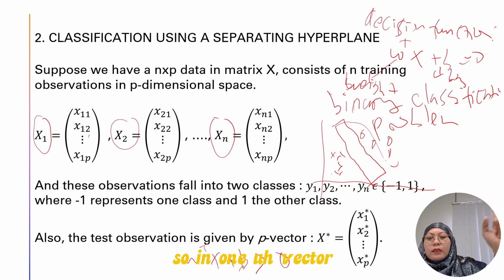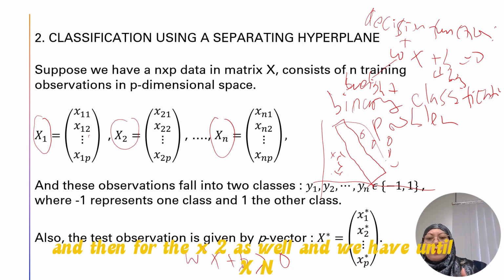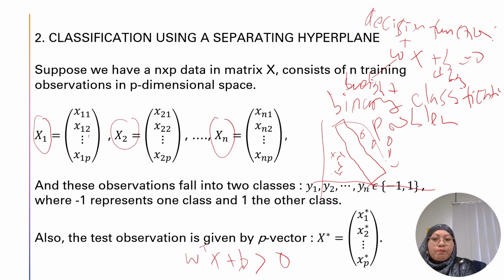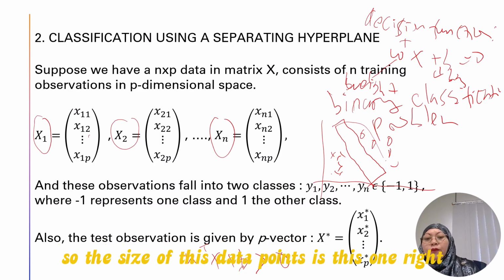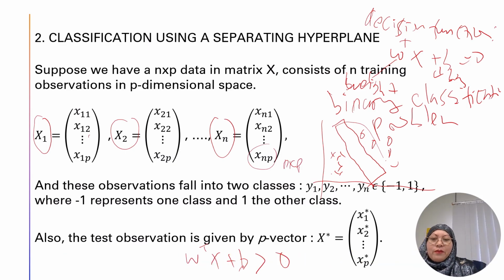So one vector consists of p data points, right? And then for x2 as well, until xn. So the size of these data points is n times p data points.